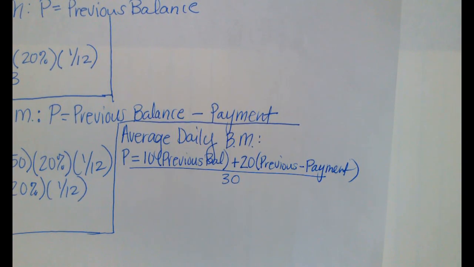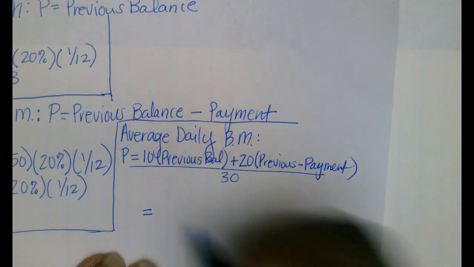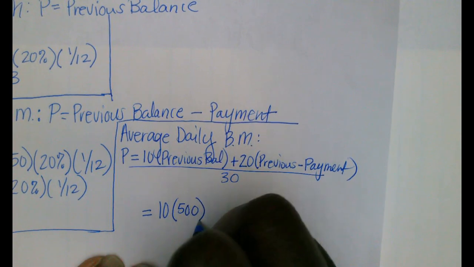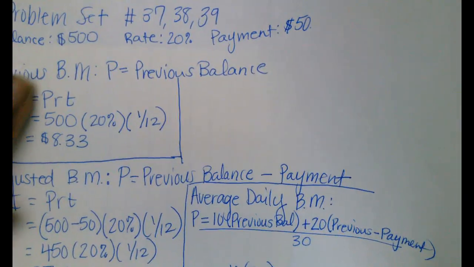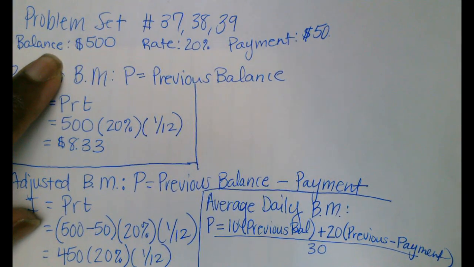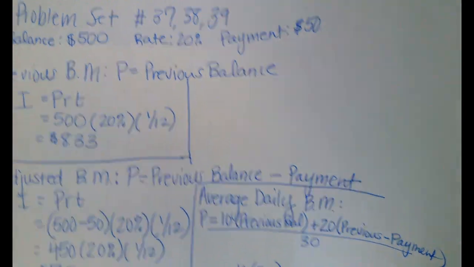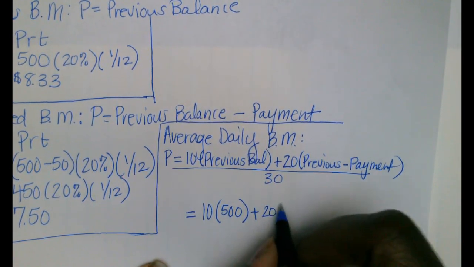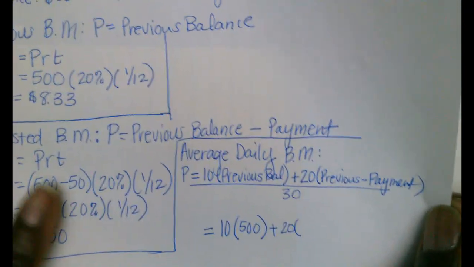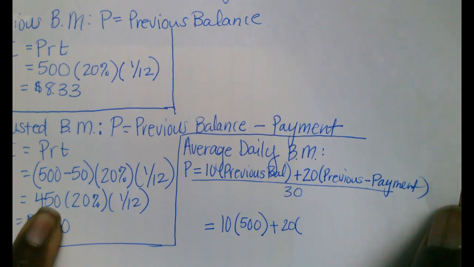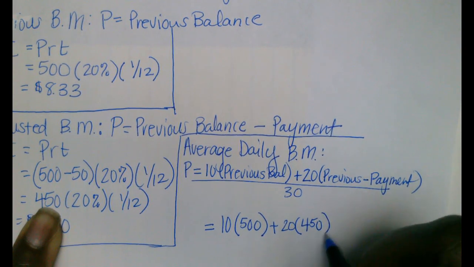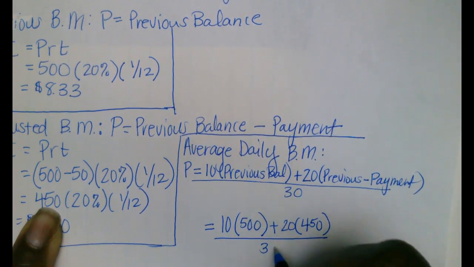All right, y'all ready? Here we go. So for 10 days, the balance was $500 because that was our previous balance. For 20 days, our balance was $450, the 500 minus the payment. We divide that by 30.